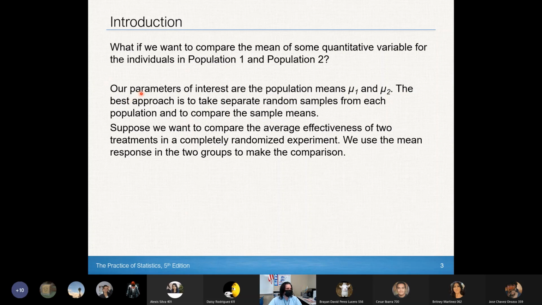Or suppose we want to compare the average effectiveness of two treatments in a completely randomized experiment. We use the mean response in the two groups to make the comparison. So very similar as before, we have two scenarios that this kind of stuff would apply to.